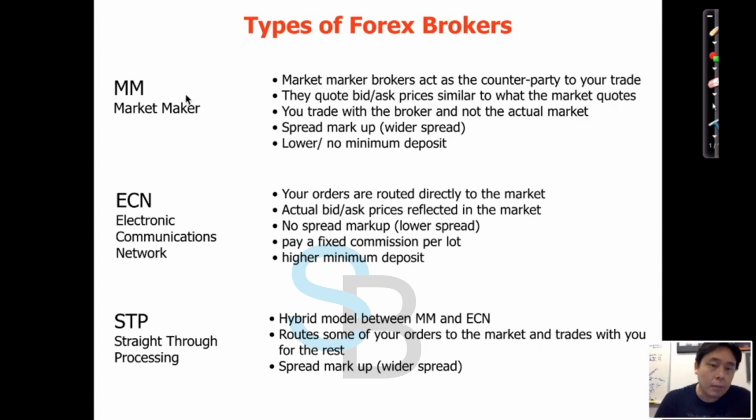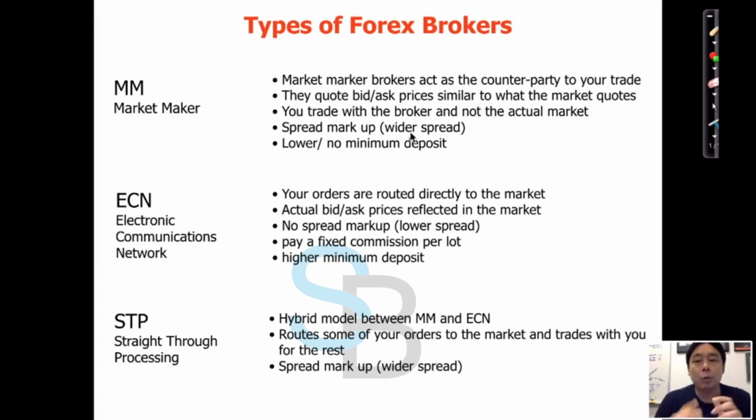These are brokers that act as the counterparty to your trade. What that means is that when you buy, the broker is selling it to you. And when you sell, the broker is buying it from you. So the person quoting the bid and ask prices to you is the broker themselves.